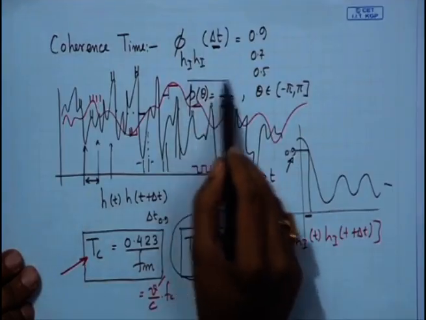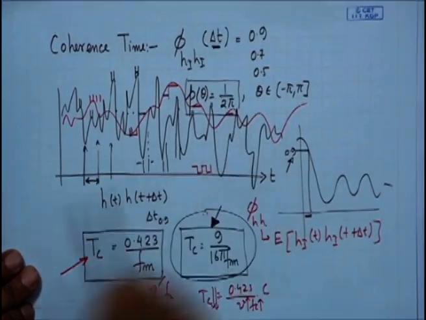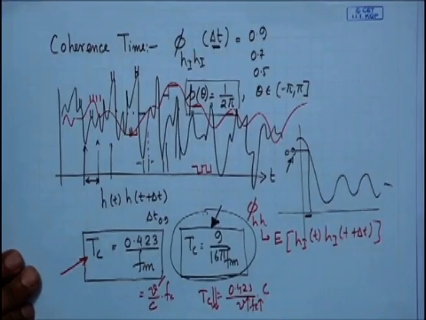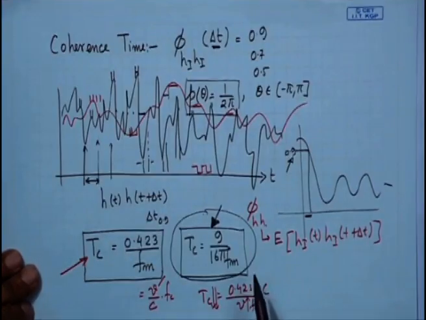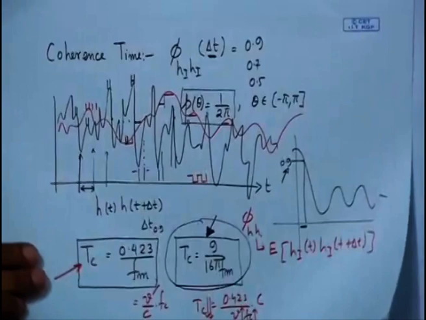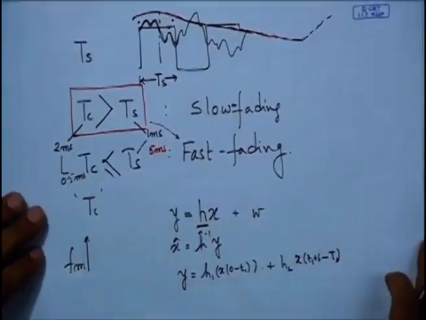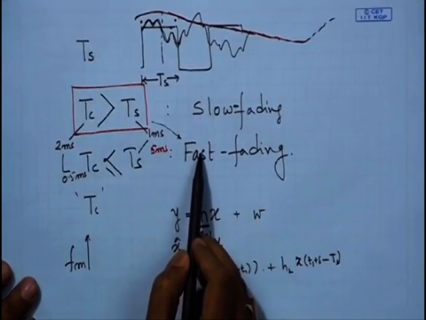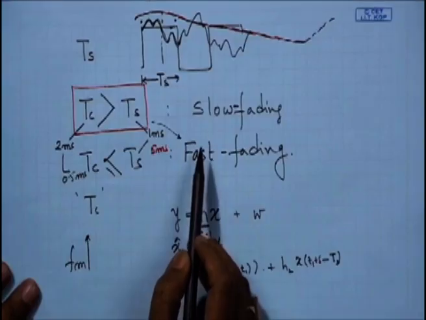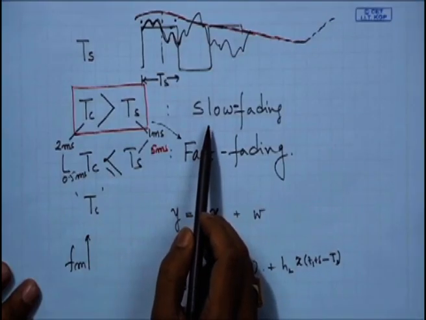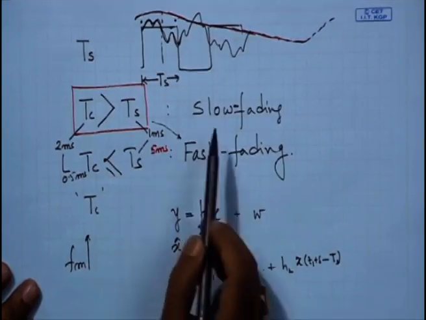The special case is defined by p theta equals to 1 by 2 pi, and finally, we have also described the fast and slow fading conditions, where we have said that the fast fading condition is when the channel fluctuates faster than the symbol duration, and slow fading condition is when the channel fluctuates slower than the symbol duration.